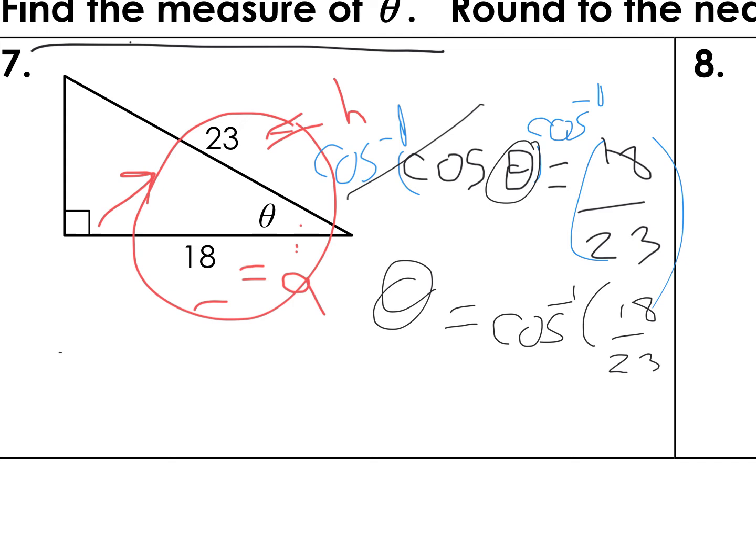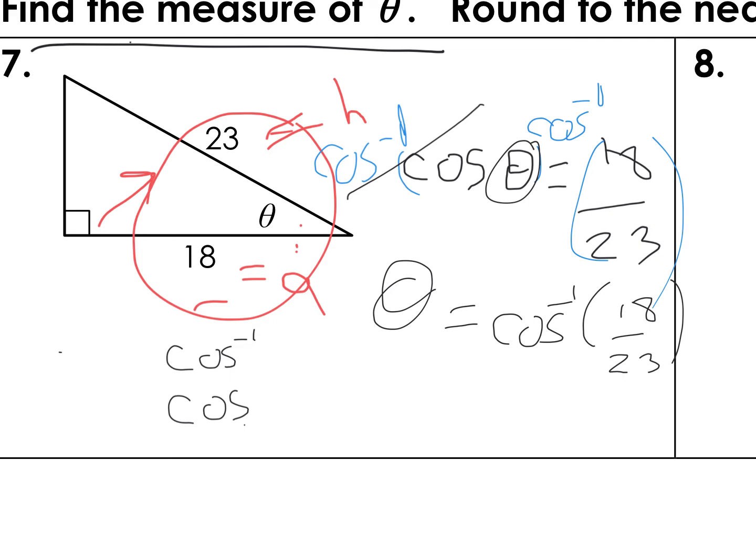Now, in the TI-84 calculator, if you look at your cosine button, above it would be the arc cosine button. So for my calculator, it's second cosine.